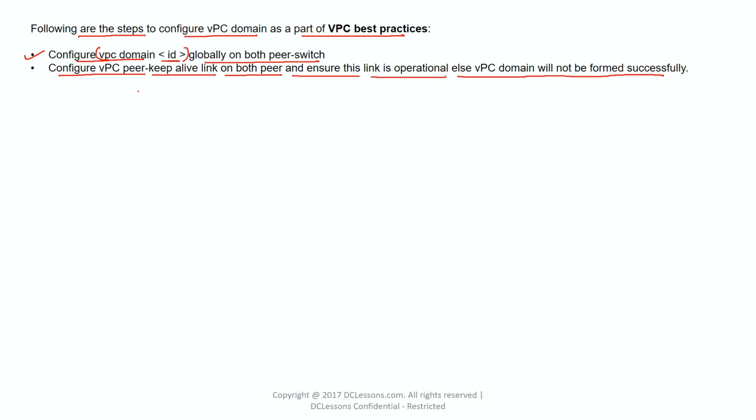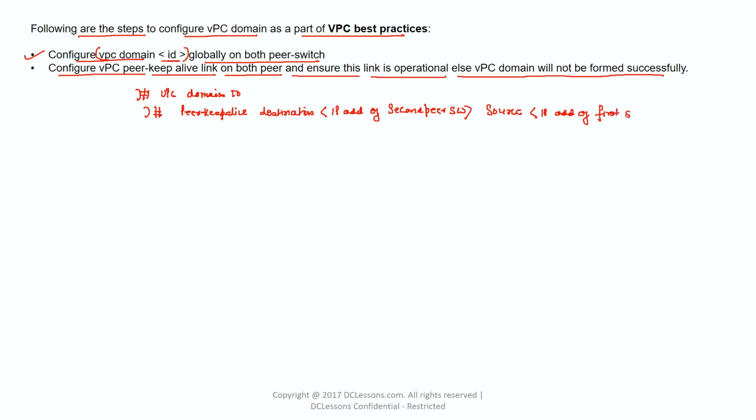So if we want to write the command, how will we do that? We have to write it like this: vpc domain 10, and under that, peer keep alive destination, the IP address of the second peer switch, source, the IP address of the first switch, and VRF.